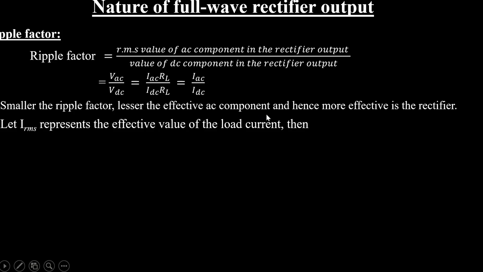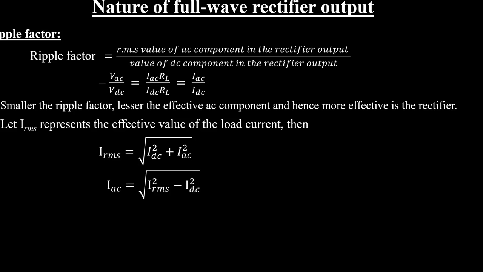Now let's look at the mathematical analysis of the ripple factor. Suppose we have a rectifier output with an IRMS value. IRMS represents the effective value of the load current. By definition, we can express IRMS as the square root of IDC square plus IAC square.